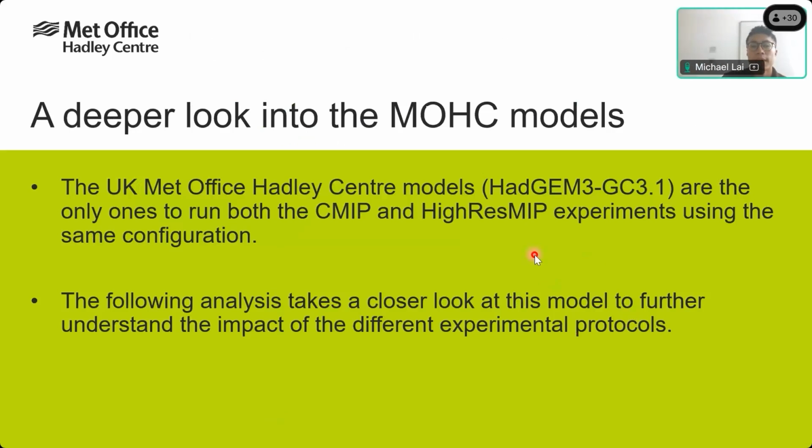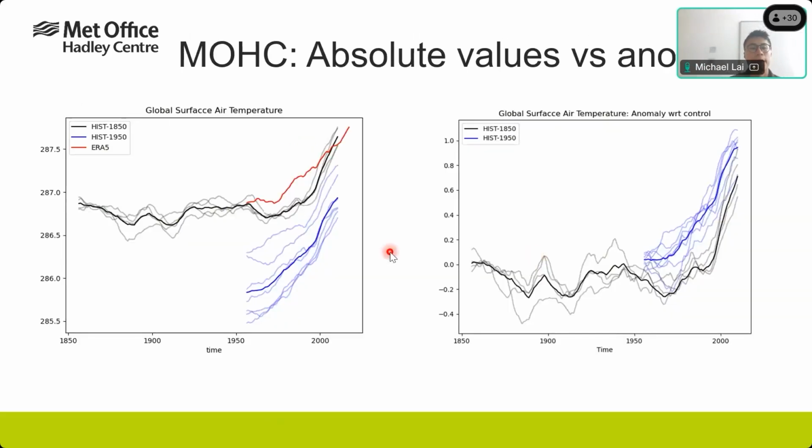So yeah, the following analysis tries to understand this difference. On the left panel is a similar figure shown before, where the black line shows the 1850 historical simulation that's used in CMIP, and the blue line is shown for the HighResMIP historical run.